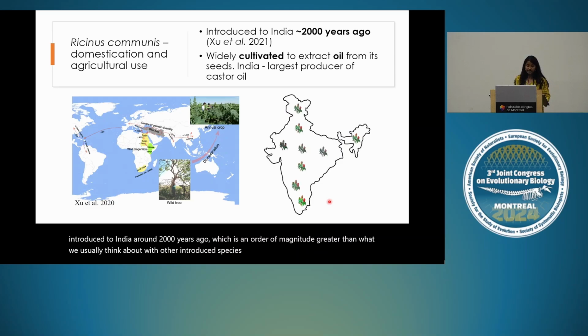It's also widely cultivated in India, and India is the largest producer of castor oil. So this species was carried from its native range in Eastern Africa through the Mediterranean to India and then to China and so on. Since it's had quite a few generations to be in this new introduced environment, it's possible that it's adapted to the local fauna, which could be herbivores, mutualists, and so on.